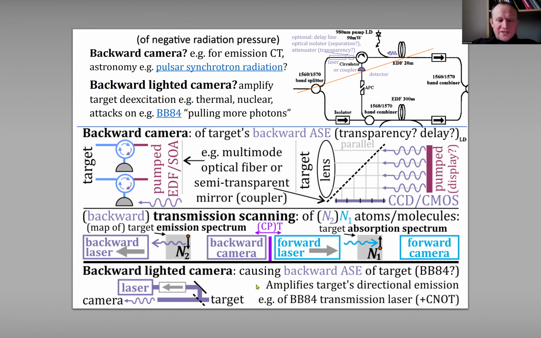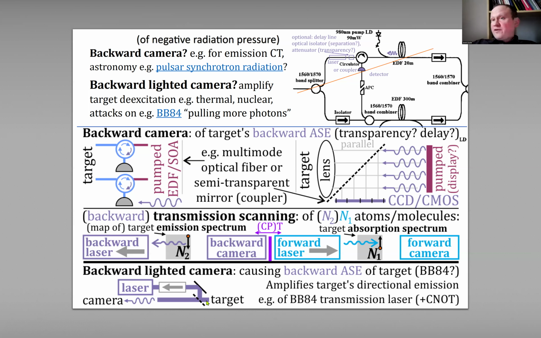Another potential application could be this backward lighted camera. Now you would like to cause the excitation of the target to make it produce more photons in a given frequency toward our camera. Like a standard lighted camera, but instead of shining on the target, we would like to directly pull the photons in a given frequency.